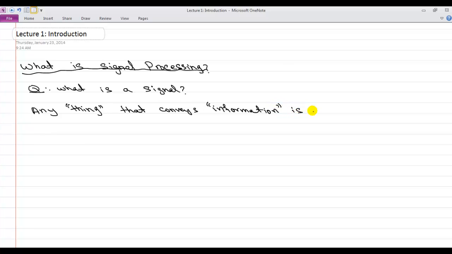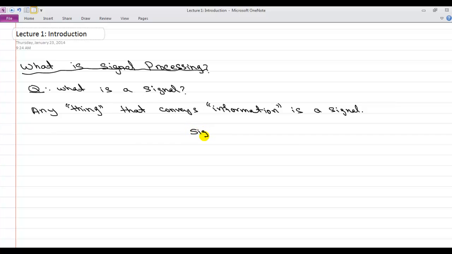Anything that conveys information is a signal. We'll make this abstract definition a little more practical by talking about examples. In the modern world, many people, when they say signal, sometimes also call it data, which is just a way of saying that it is a digital signal. A digital signal is often called data.